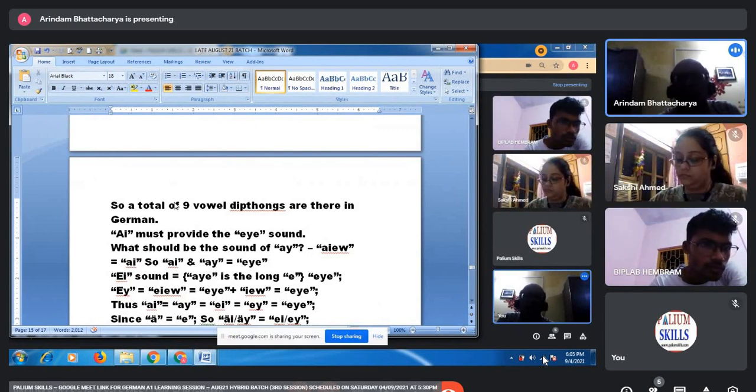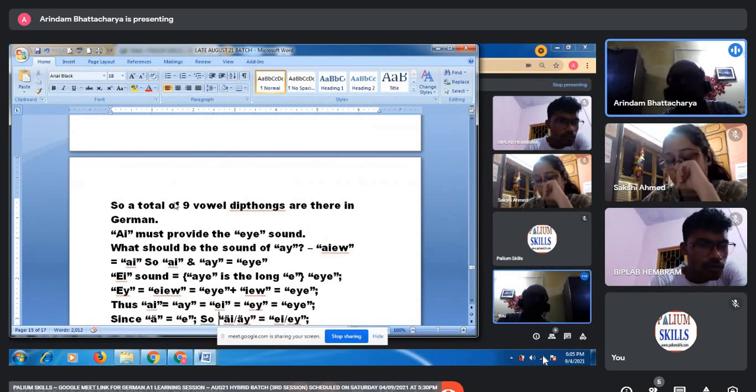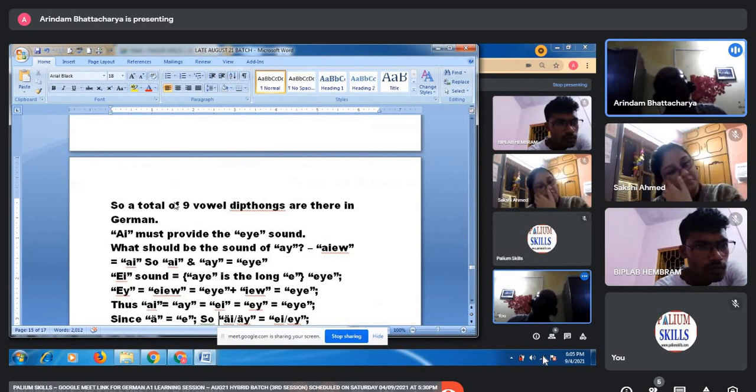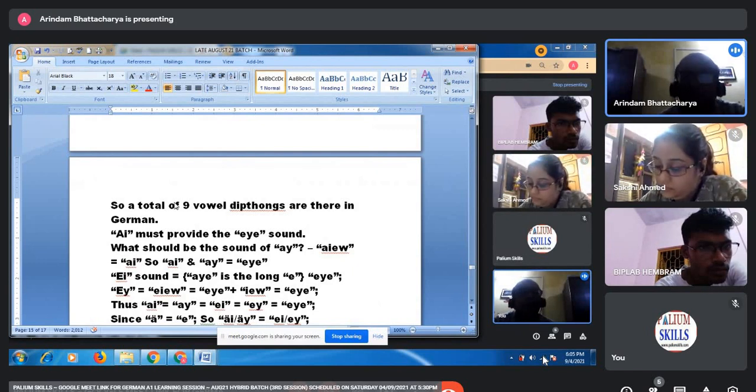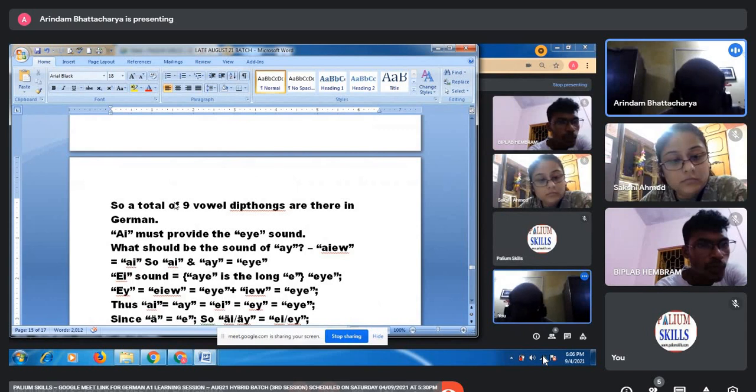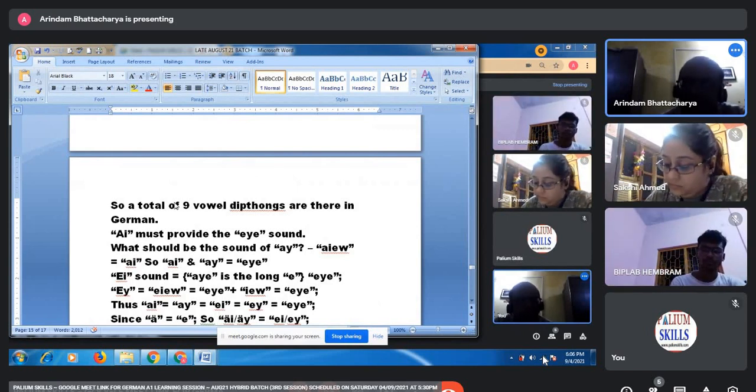So AE cannot provide the long E sound, because it has been declared as a diphthong. Then the only sound that AE can provide is I. So I is provided by AE as well as AY.